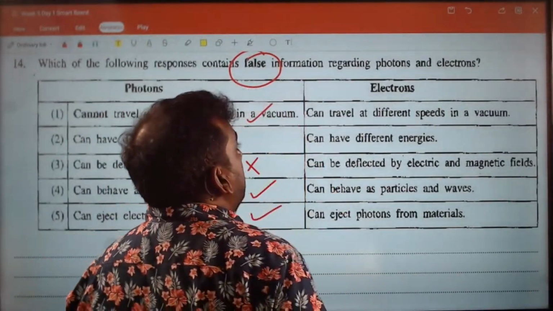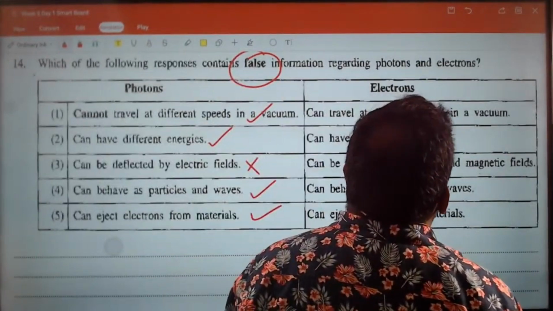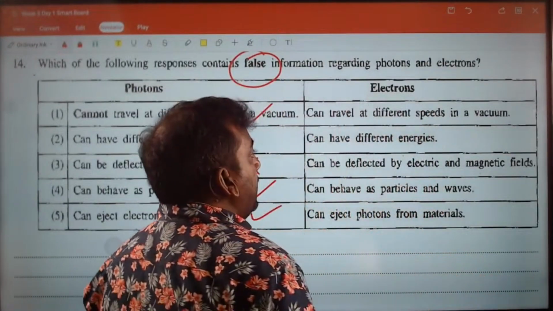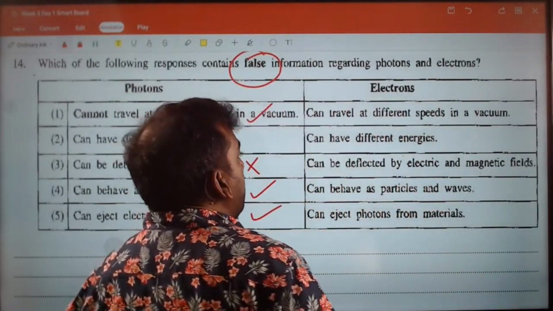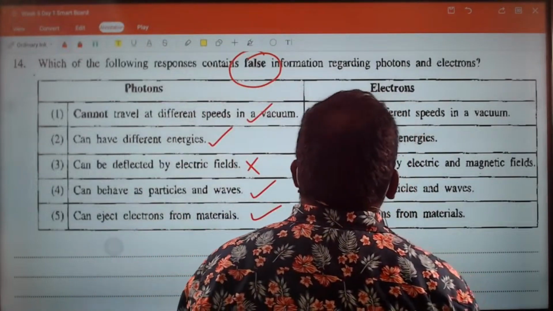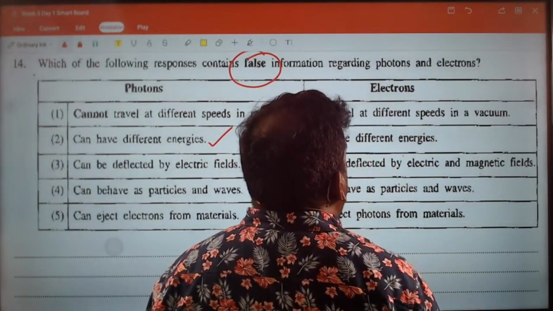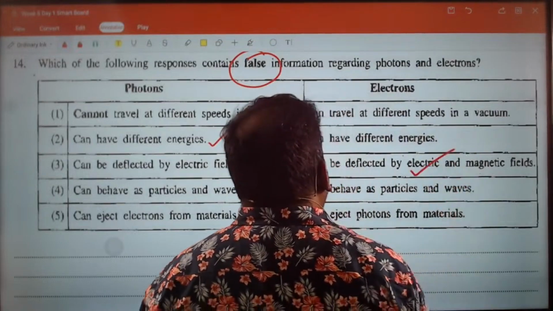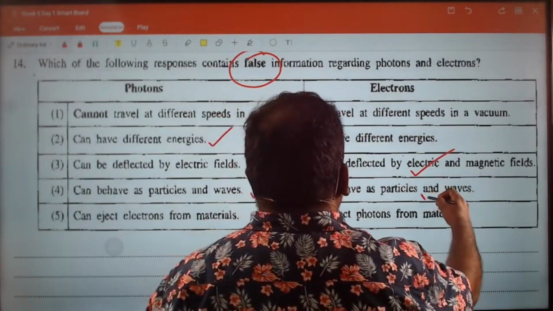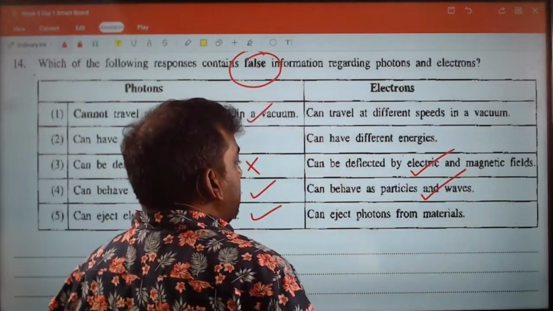Electrons: can travel at different speeds in a vacuum. Right. Can have different energies. Can be deflected by electric and magnetic fields. Correct. Can behave as particles and waves. Correct. Can eject photons from materials.